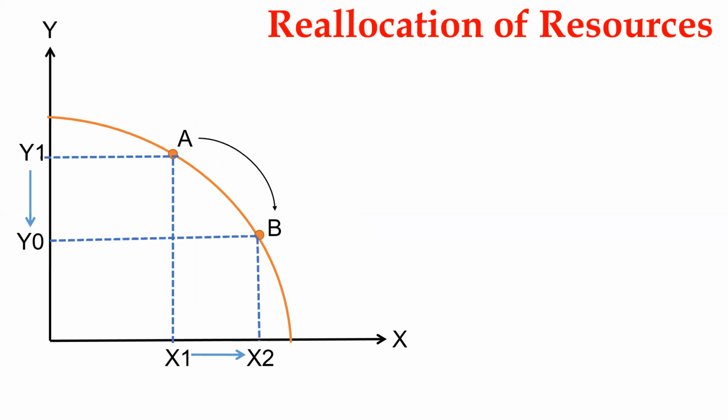That means what the economy has done. The economy has increased resources used for X by cutting off resources used for Y. So definitely Y production comes down, X production increases. We call it reallocation, changing the resource allocation.